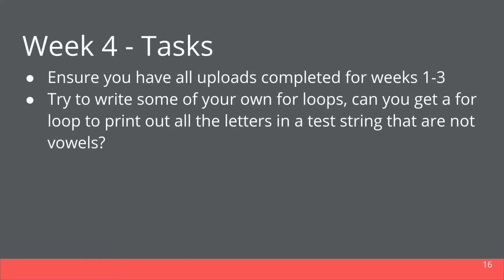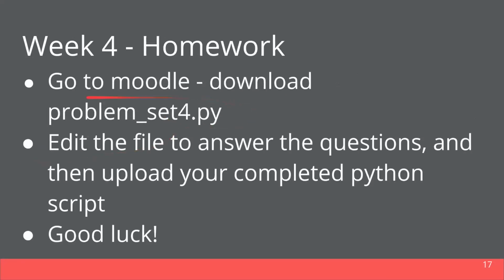Try and make a for loop that will only print out consonants or some specific pattern of letters. And the homework for this week, we've got problem set 4, and also we've got some reading on the Moodle page. So if I head over to the Moodle page now, I should be able to show you what we have this week. Let's have a look.